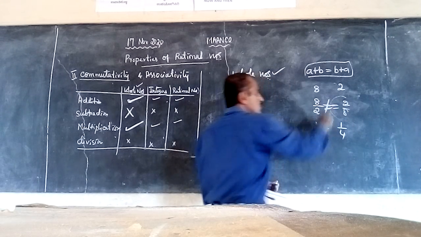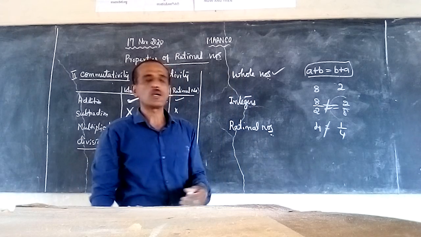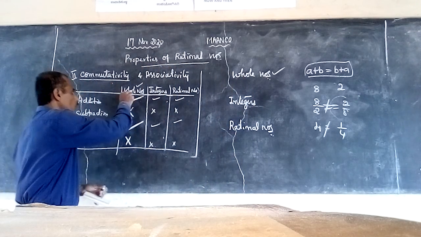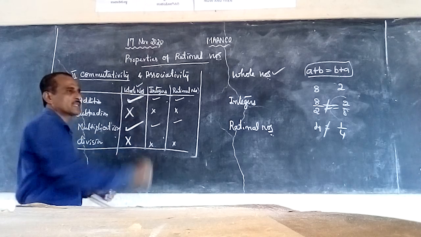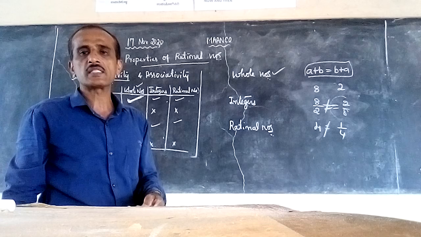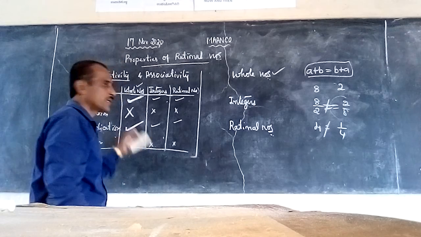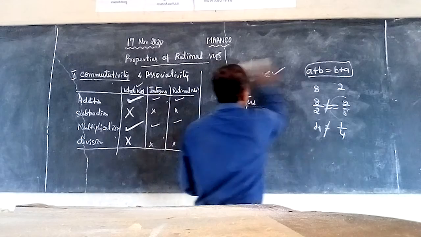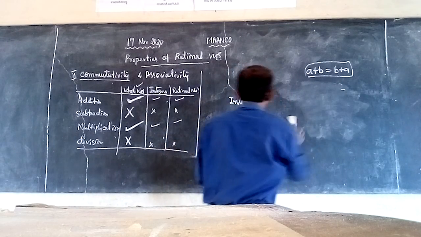Therefore, division is not commutative for whole numbers. Remember, only addition and multiplication are commutative for whole numbers. Subtraction and division are not commutative for whole numbers.